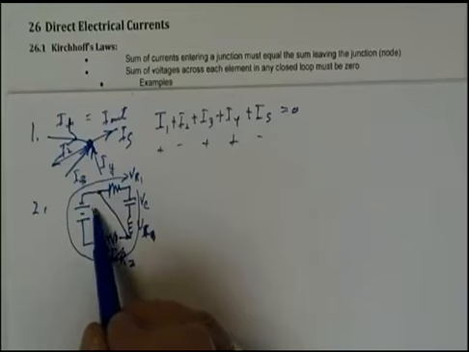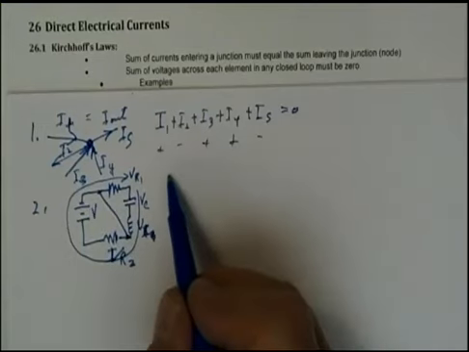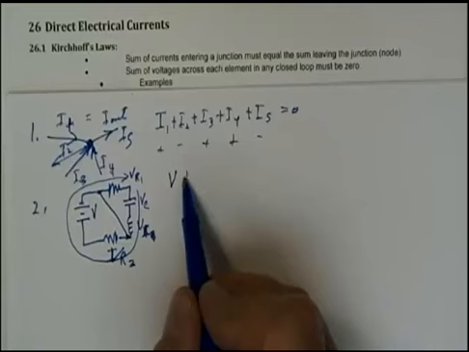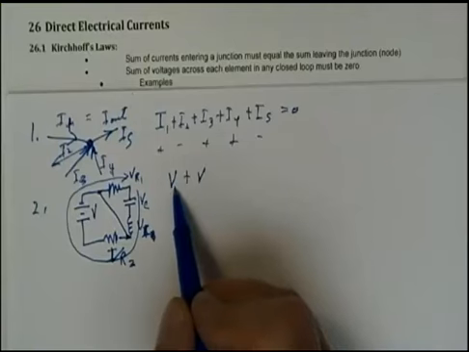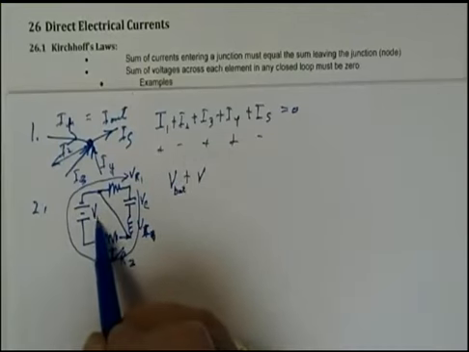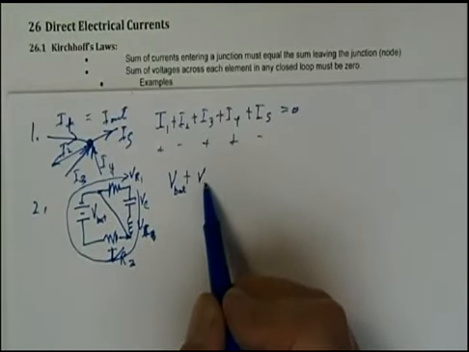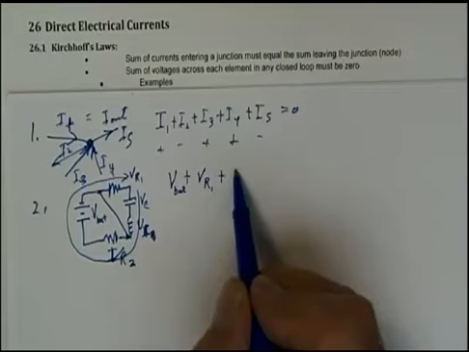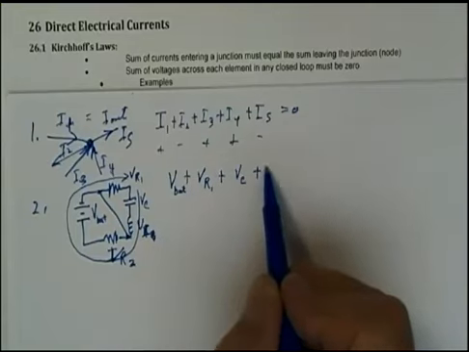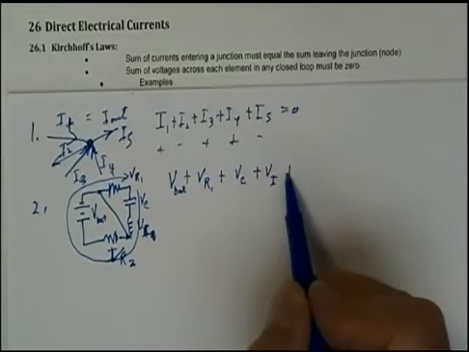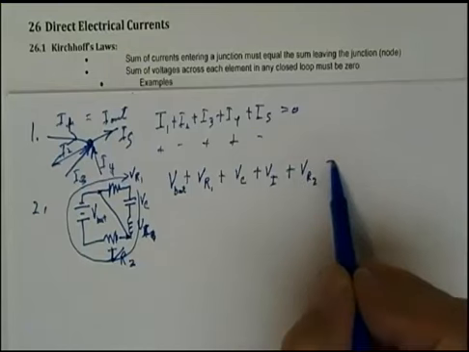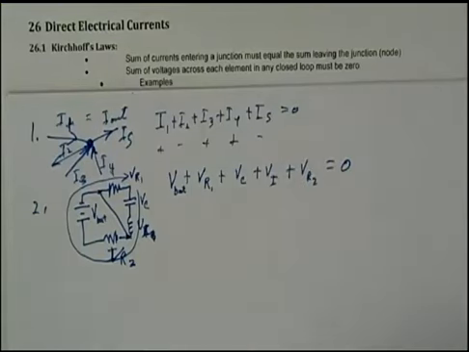This would be the voltage in the battery. So we would see here that the voltage from the battery, plus the voltage across resistor 1, plus the voltage across the capacitor, plus the voltage across the inductor, plus the voltage across resistor 2, the sum of those must be 0.